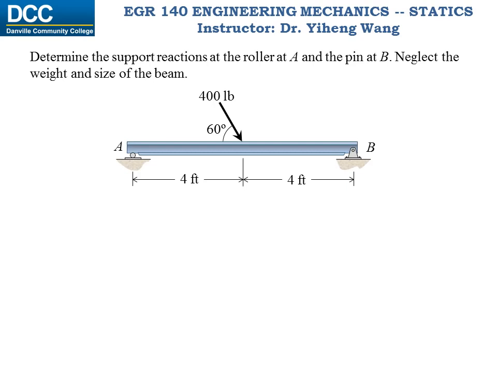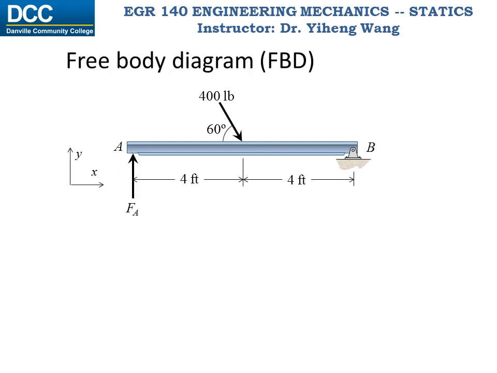Here's another example. We need to determine the support reactions at the roller and the pin. A roller is similar to a rocker or a simple contact support, and it exerts a force that is perpendicular to the contacting surface. A pin support allows rotation, but it prevents motion in both the horizontal direction and the vertical direction.